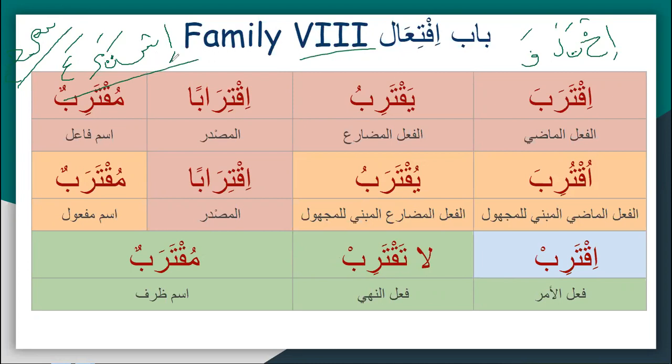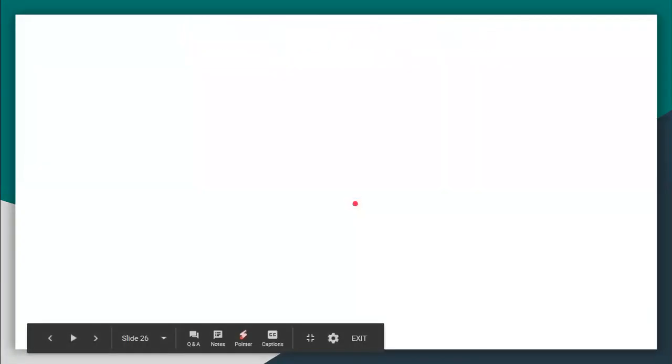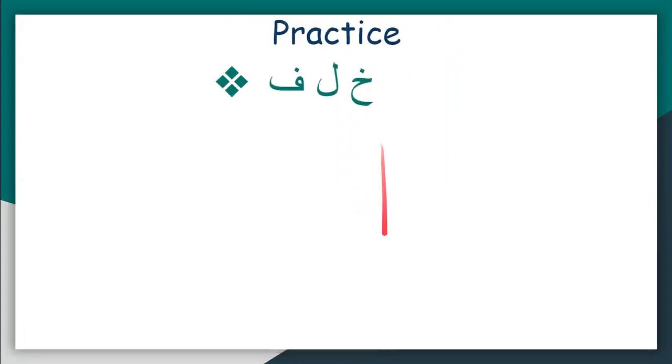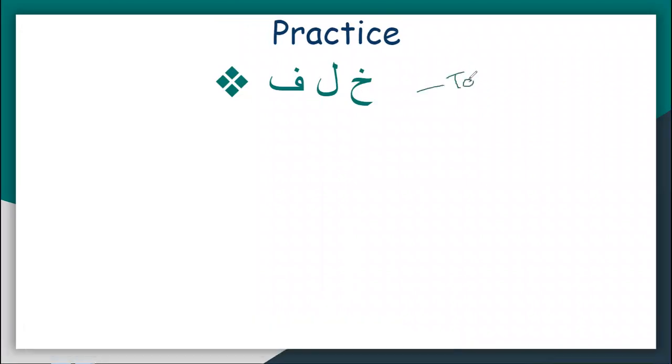Sami'a means to listen, istama'a means to listen carefully. So you have to do the rest as practice. Let me give you some words for practice. Khalafa you already did: it's ikhtalafa. Ikhtalafa means to differ.